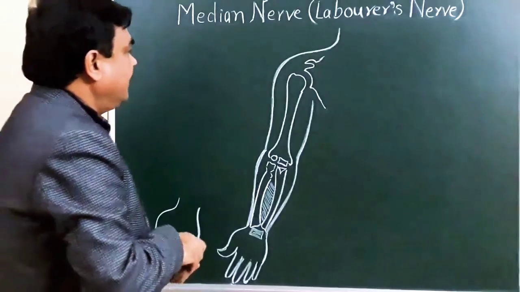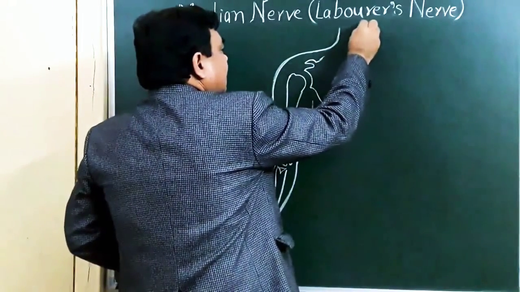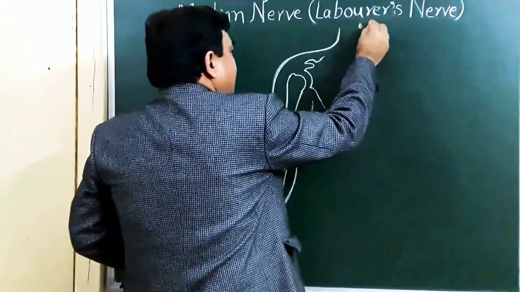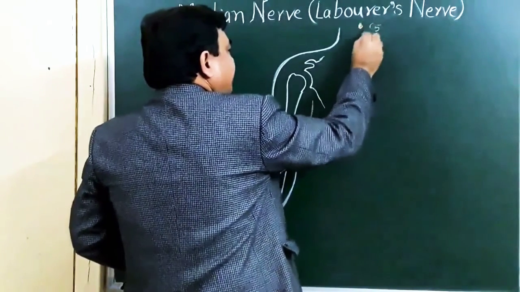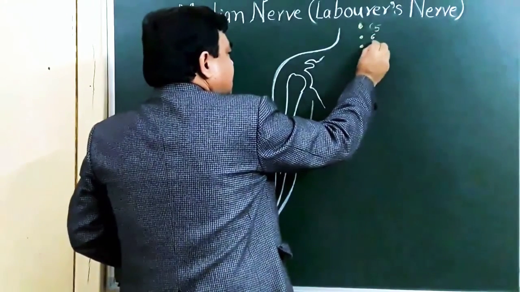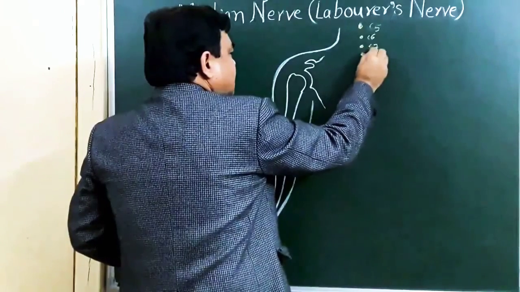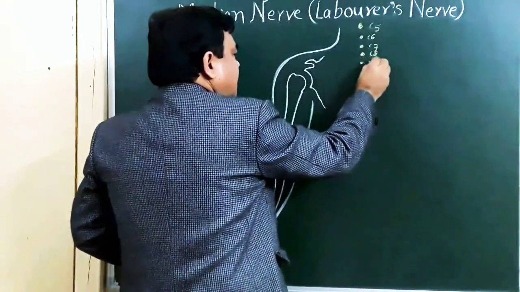In this diagram, here is the position of the ventral rami of C5, C6, C7, C8 and T1.